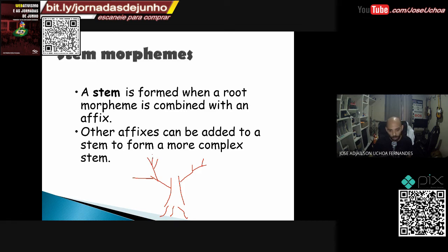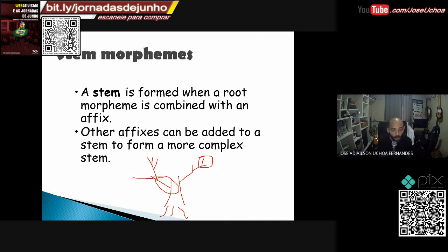I'd say that this stem is more complex than this one over here. This is a simple stem. This is a very complex stem because I have this bifurcation here and so on. I'll go back to the topic of stems, don't worry.